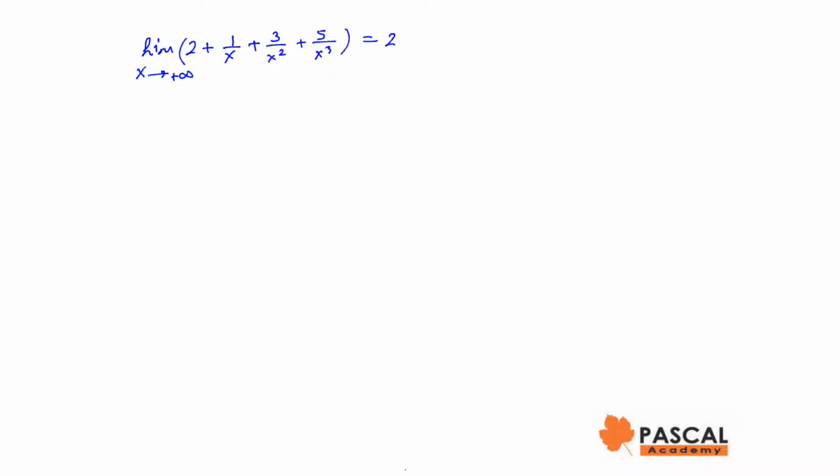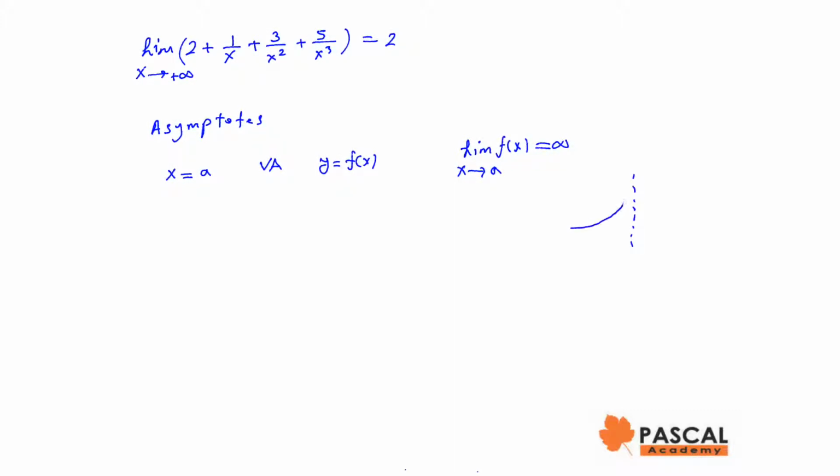Let's talk about asymptote. x equals a is called vertical asymptote of the graph of y equals f of x if limit of f of x as x approaches a is infinity.